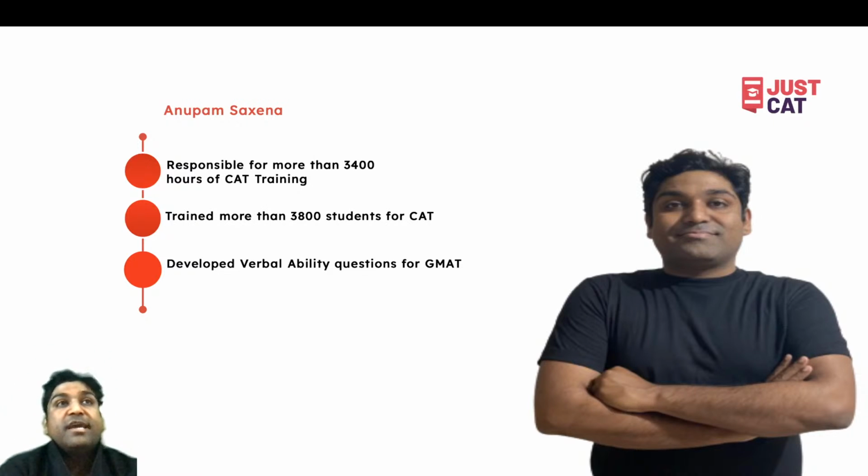So there was a time when in the entire CAT question paper, there were at least 4 to 5 questions, sometimes 6, which were direct database questions in RCs. Especially in RCs which were a little difficult, you found one just to balance out, just to give some easy questions.